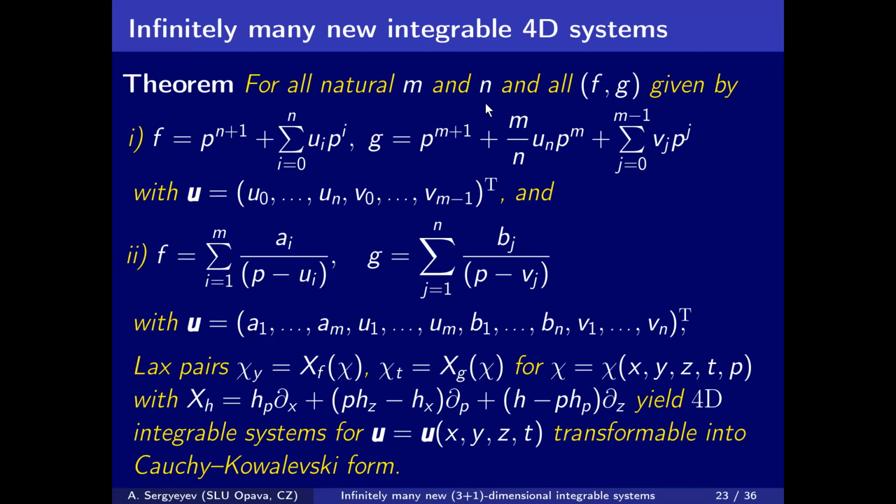But for these two infinite classes of functions f and g and these Lax pairs shown here, this is not the case. In other words, once again, these two classes of pairs f and g give rise through the Lax pairs of this form to infinitely many integrable systems which are genuinely 4-dimensional, in that they are not overdetermined.